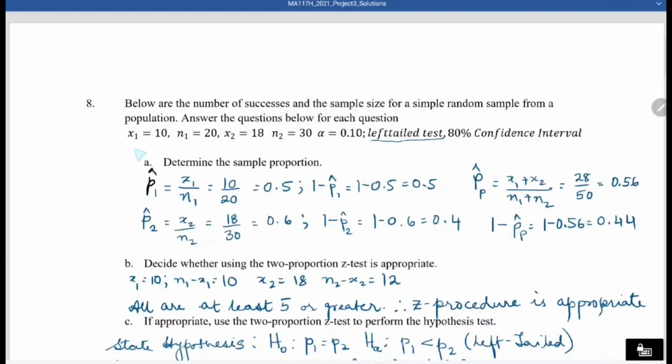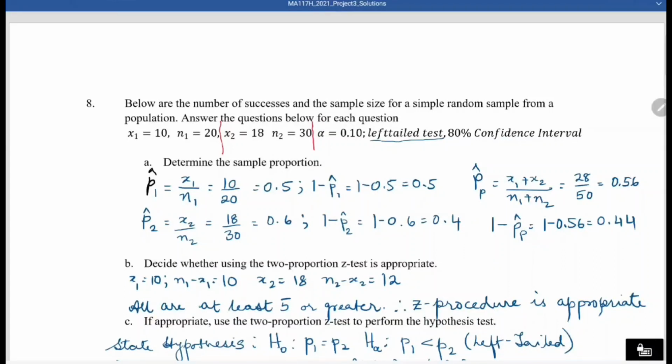They've given us the x sub 1 and n sub 1 values, which correspond to population 1, and x sub 2 and n sub 2 values, which correspond to population 2, or sample 2. And then they've given us the alpha values. They've told us it's a left tail test, and they've told us to find a confidence interval of 80% towards the end.